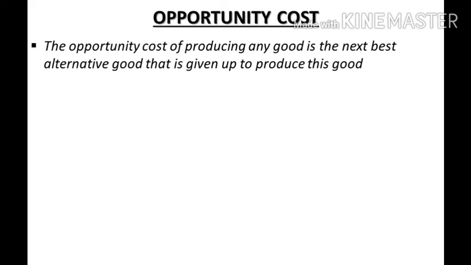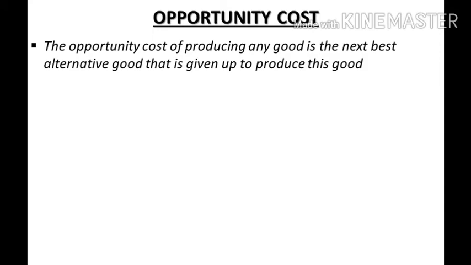So whatever you are giving up, in terms of opportunity cost, means that you are giving the cost in terms of deciding not to produce the next best alternative good, and that you have decided to produce this good.